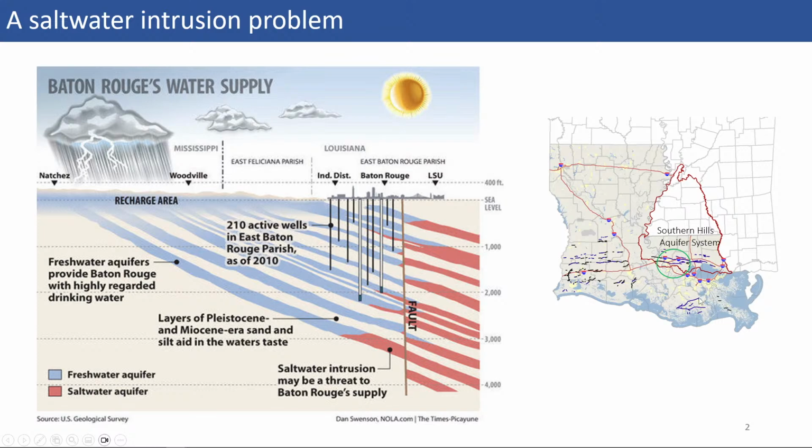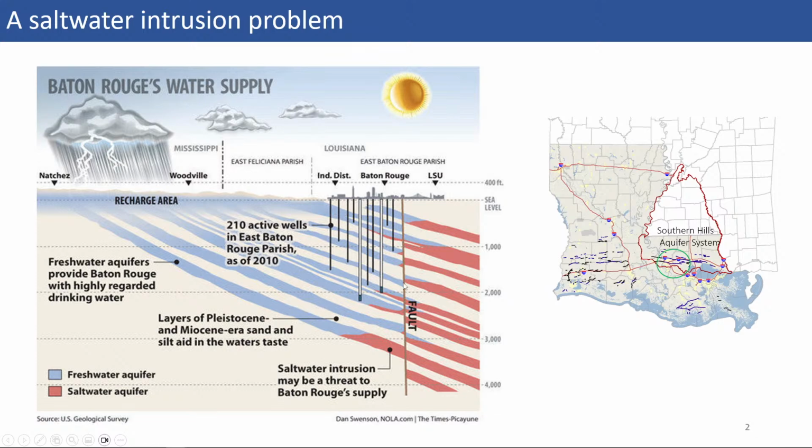It's shared by several states, including Louisiana. So this is Baton Rouge, Louisiana's capital. For example, you have a fault here. These are different aquifer units in the subsurface, as you see, like cakes, like layers. So this is an aquifer, an aquitard, a low permeable layer, an aquifer, and so on.